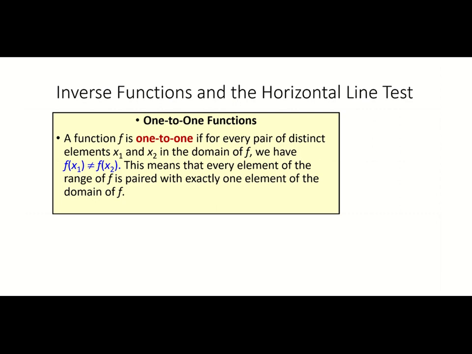But our function would not be one-to-one if that is the case. Instead, we would have 1 and 2 as our domain, and the range would be 3 and 4. So they have to have different ranges for different domains in order for your function to be one-to-one.